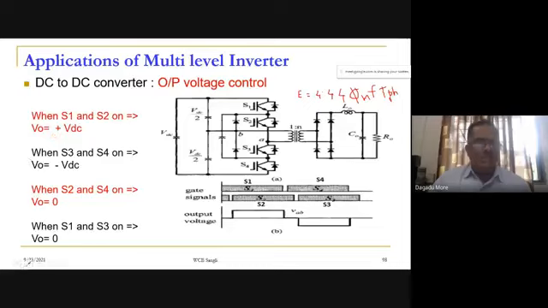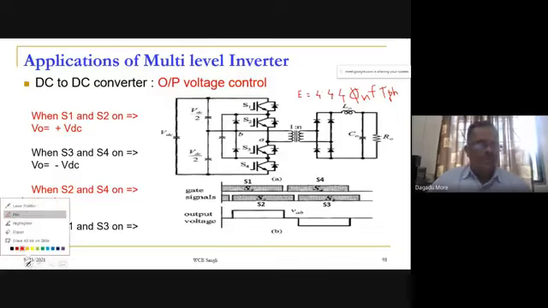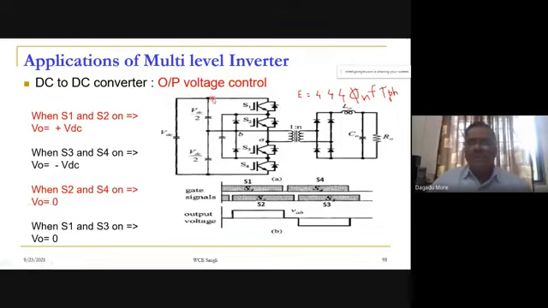Now let us assume S1 and S2 are on. Whenever S1 and S2 are on, the current will flow through this path, which I will show with the laser. From S1, S2 on, positive VDC will come across this.